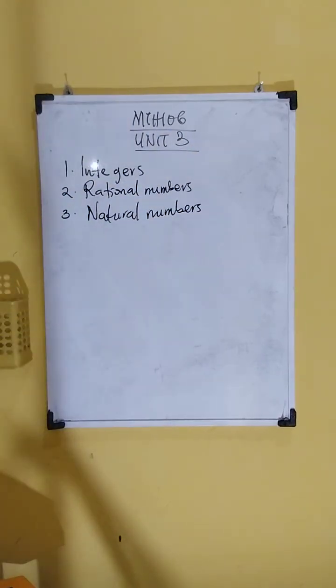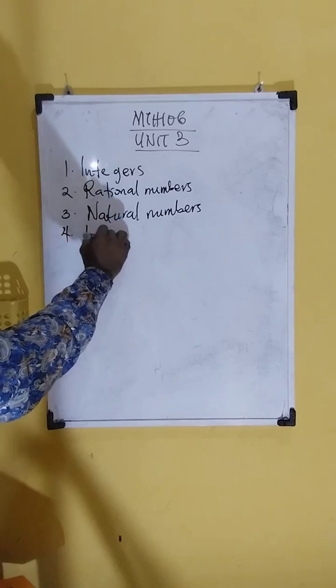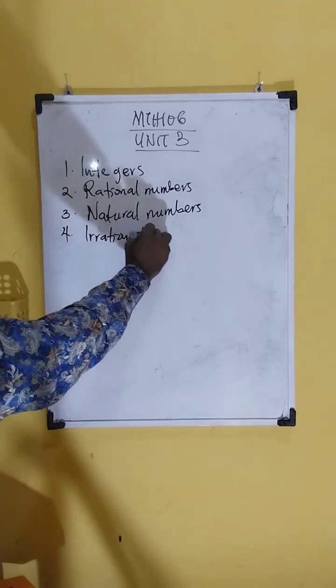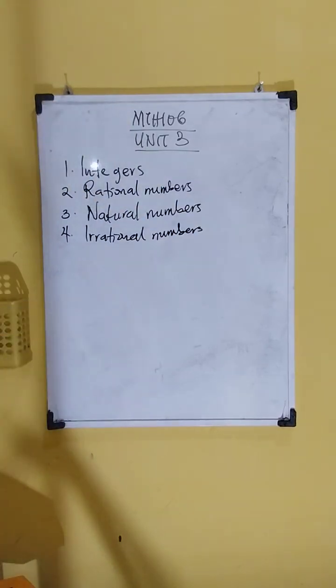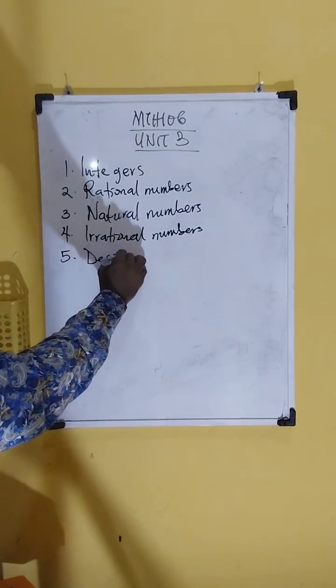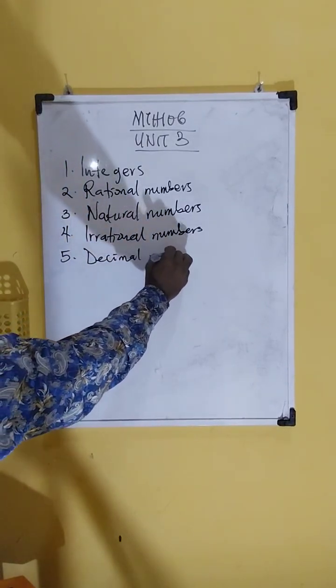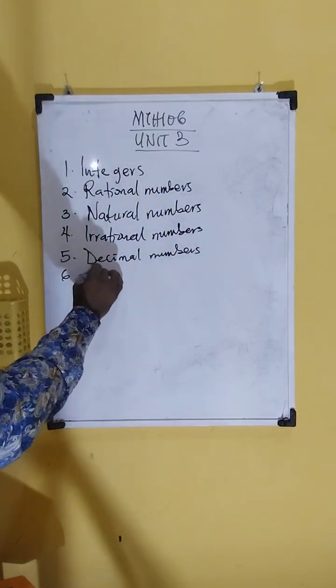Then also we are going to look at irrational numbers. Number 5, decimal numbers. The 6th one is real numbers.